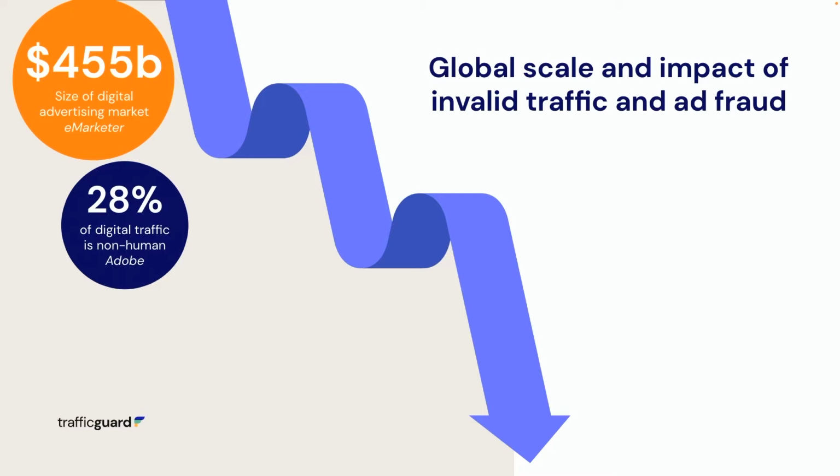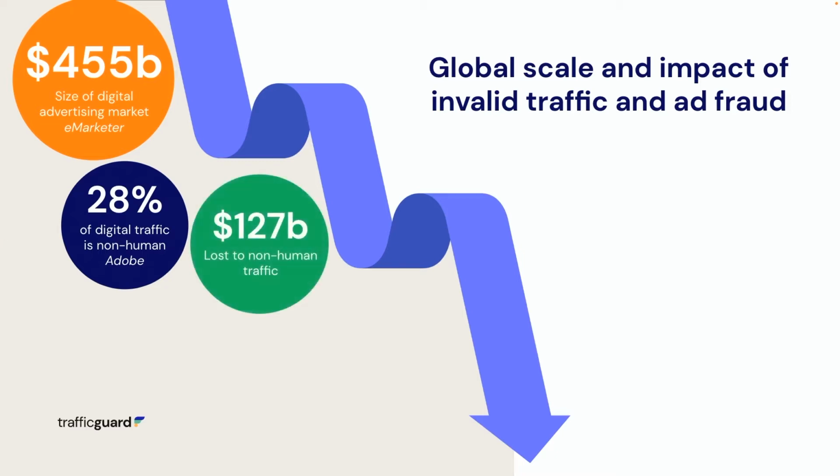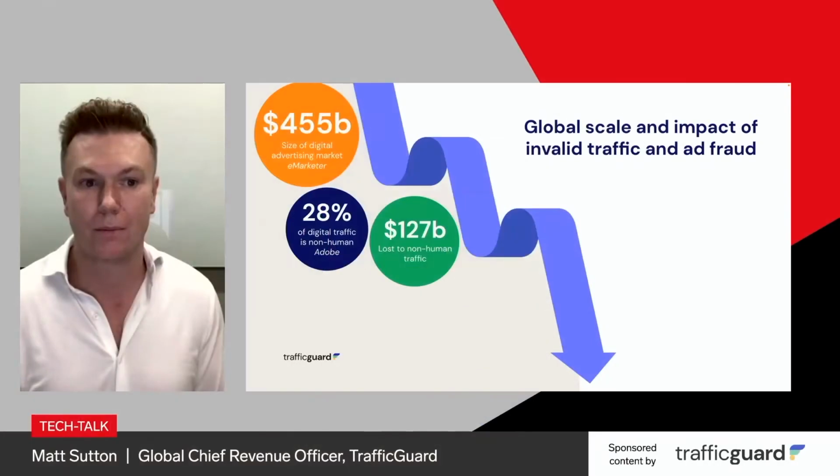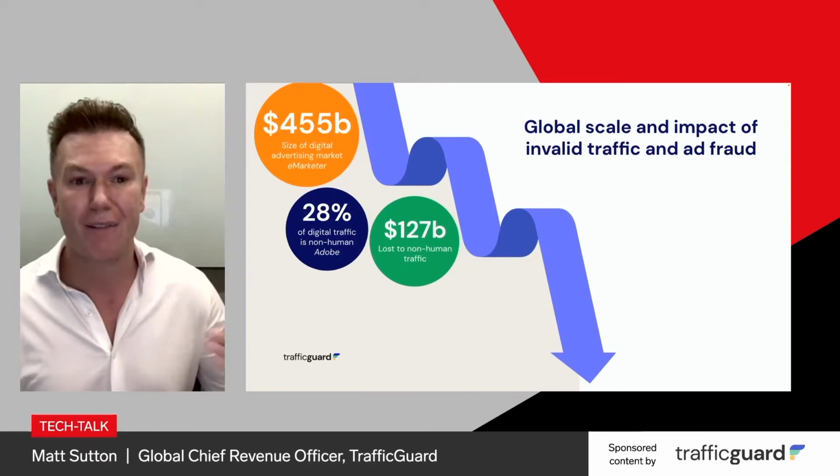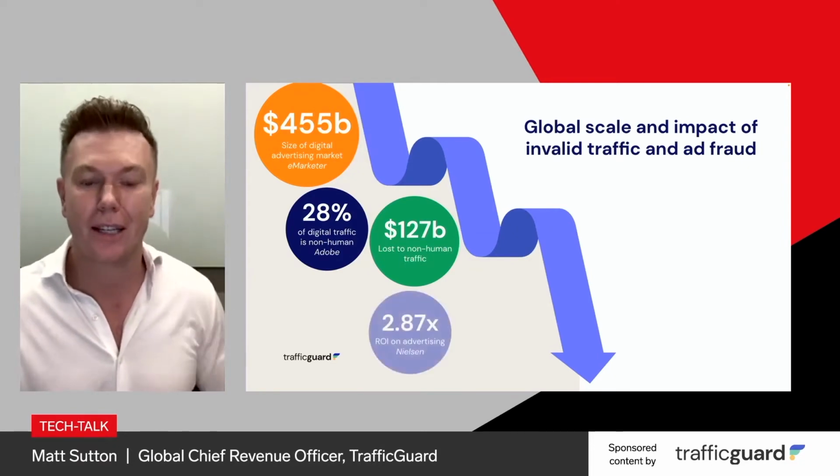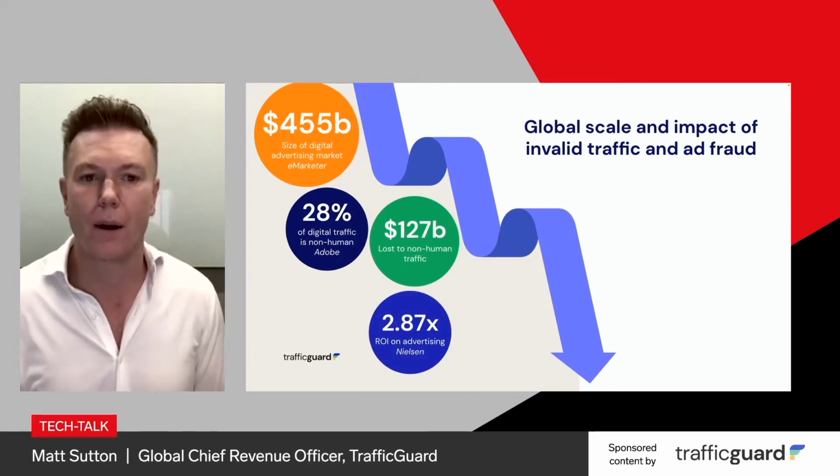And it's kind of crazy to think that if you go and speak to the likes of Adobe, they will tell you that 28%, in other words, about one third of that $500 billion never actually reaches real humans and real users, but is in fact clicked on by bots. So one third of ad spend every single year in terms of dollar numbers is clicked on by bots.